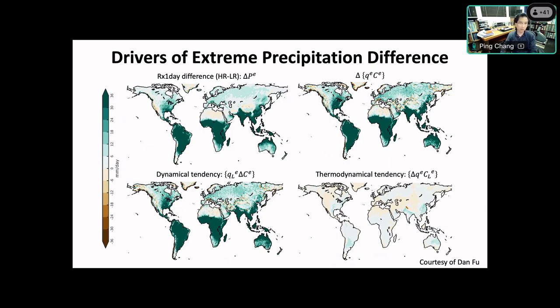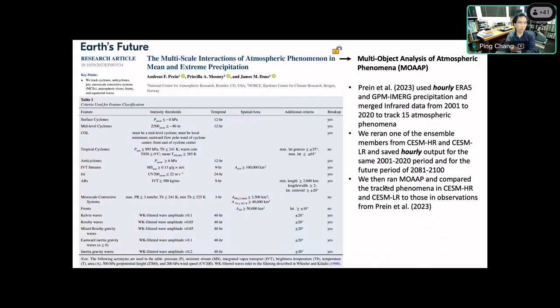So we did another analysis, and there's a really nice paper published last year by Andreas Prein and his colleagues. Basically, they derived a multi-object analysis of atmospheric phenomena called MOAAP, a package that allows you to track 15 different atmospheric phenomena which can potentially give rise to extreme precipitation.